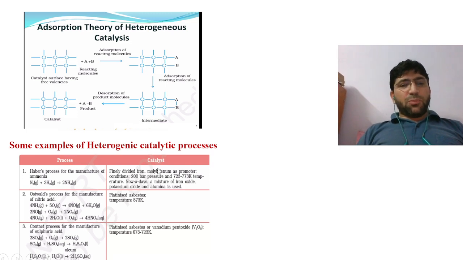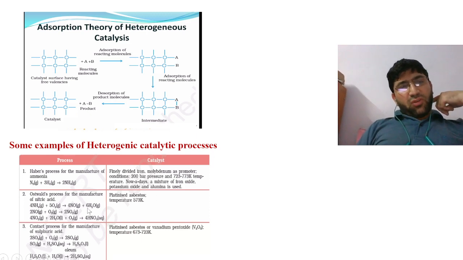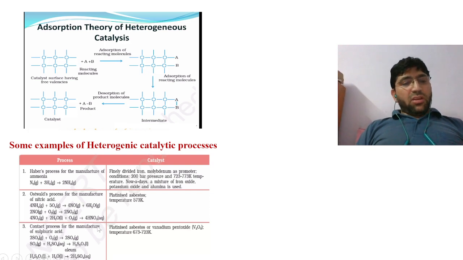Here are some examples of heterogeneous catalysis. For example, you can see here a very old reaction, Haber's process, where we manufacture ammonia from nitrogen and hydrogen, and finely divided iron and molybdenum are used as the catalyst. Similarly, in Ostwald's process for the manufacture of nitric acid, the catalyst is platinized asbestos.